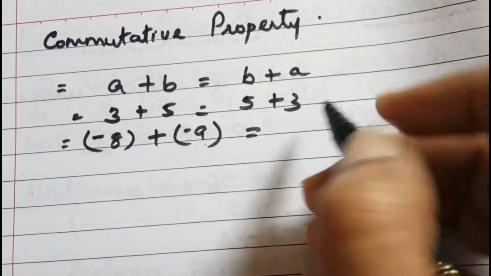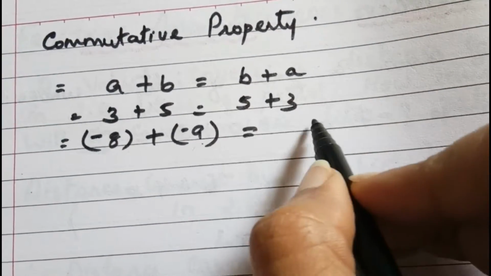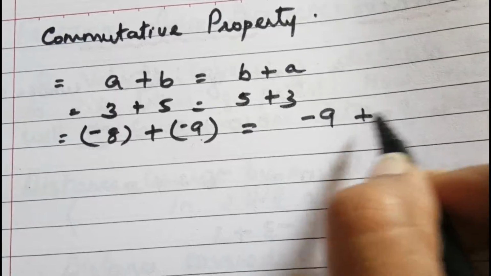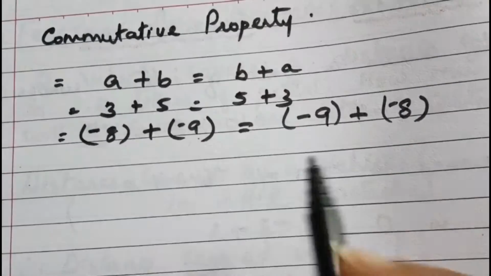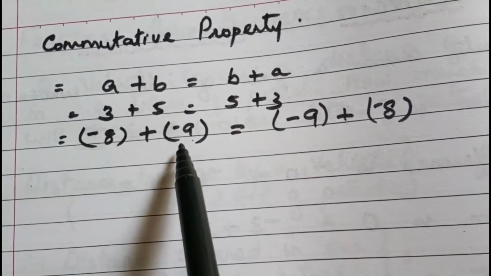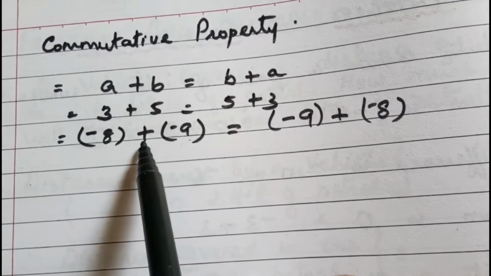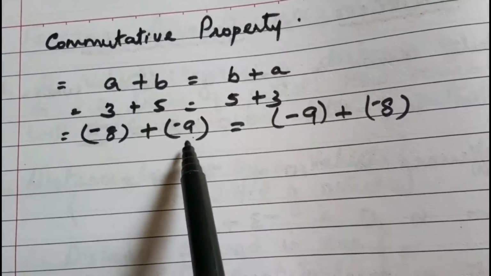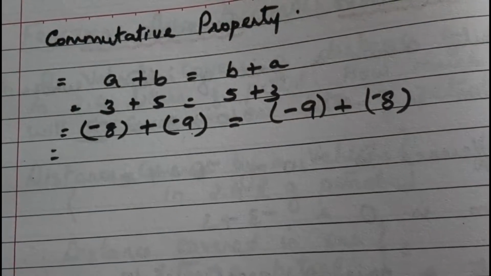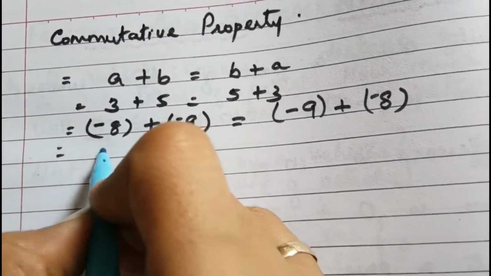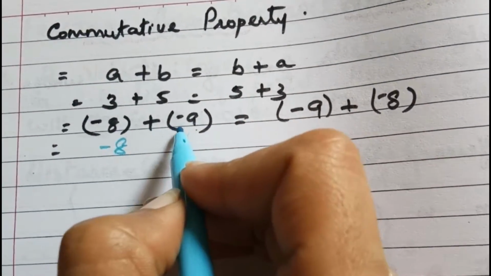You will get the same answer when you do B plus A, that is minus 9 plus minus 8. Now why? See, minus 8 and minus 9. Since plus and minus will become minus, minus 8 plus minus becomes minus.